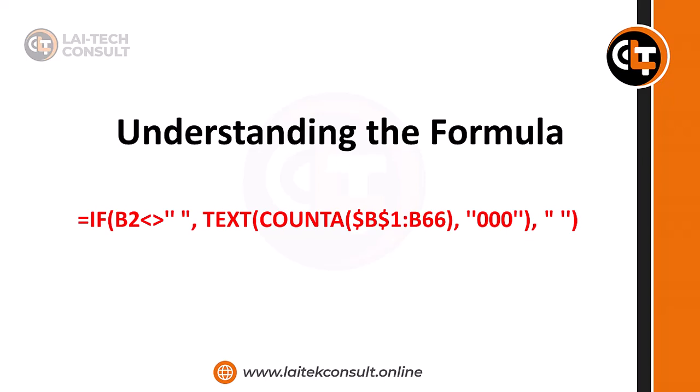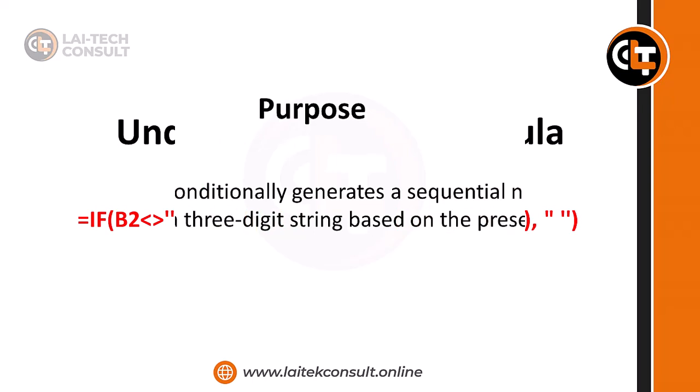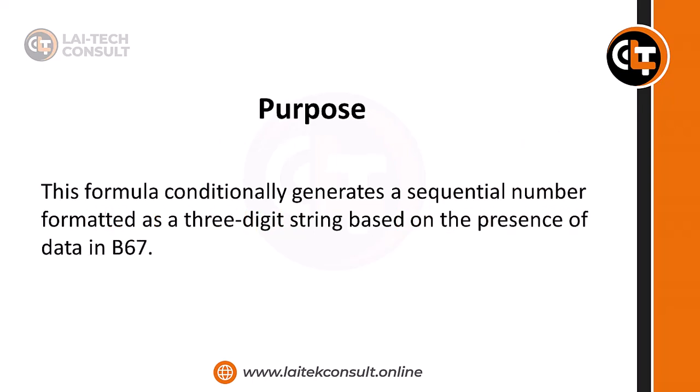This formula does exactly that, and it even formats the numbers as 3 digits for a polished look, as you have here. So the purpose of this formula is to conditionally generate a sequential number formatted as a 3-digit string based on the presence of data in B67, as we have here.